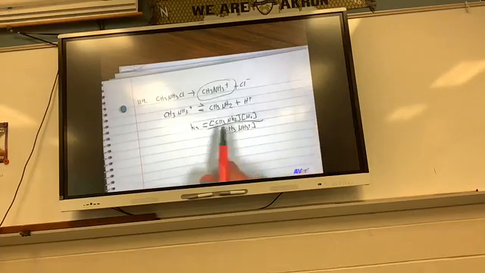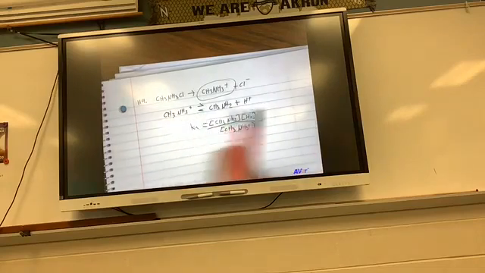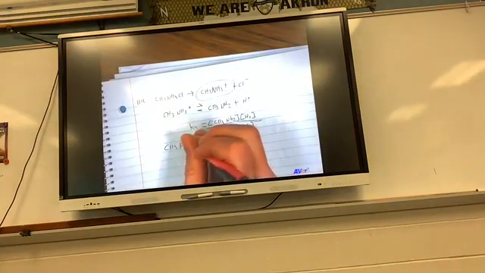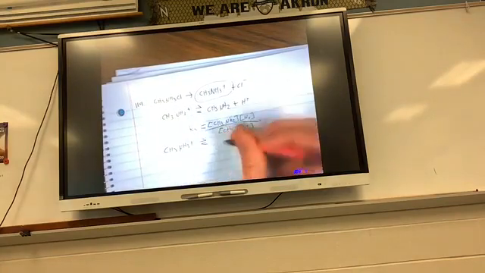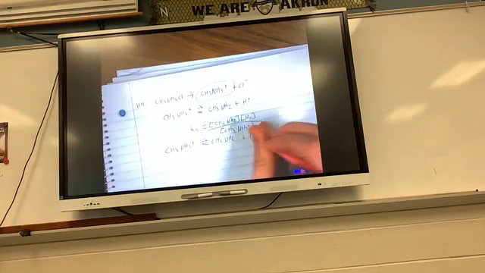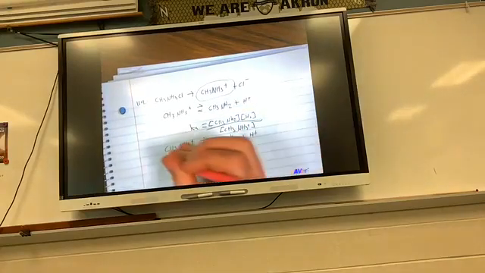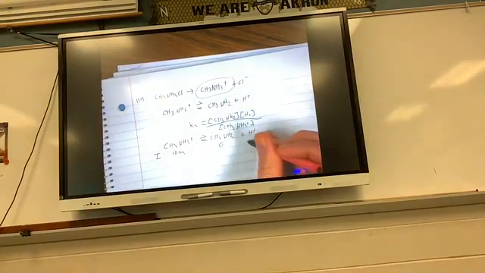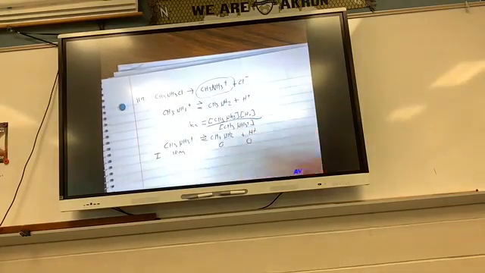If I decide to rice this thing, let's rice it. So if I have CH3NH3 plus in equilibrium with CH3NH2 plus H plus, initial concentration is 0.10 molar, and basically 0 for the products.